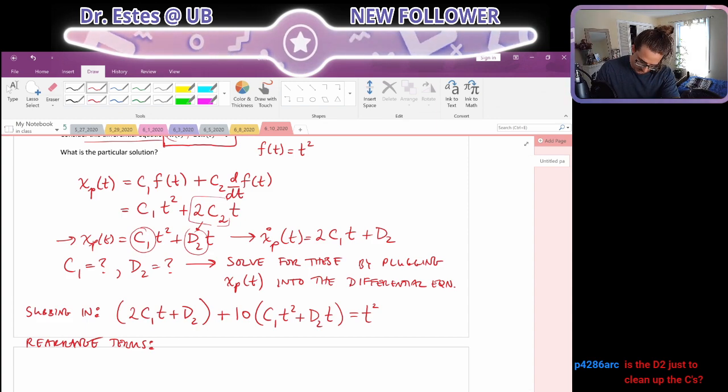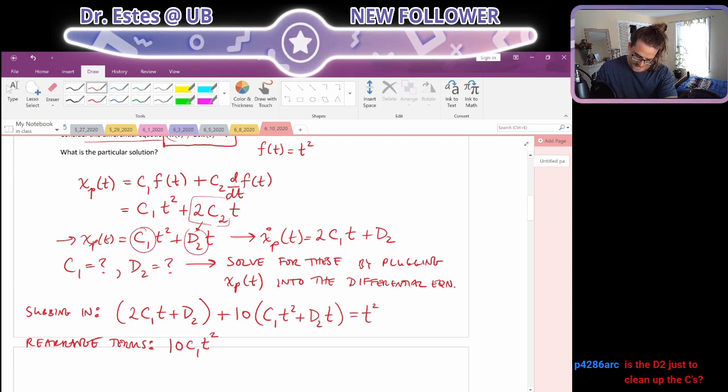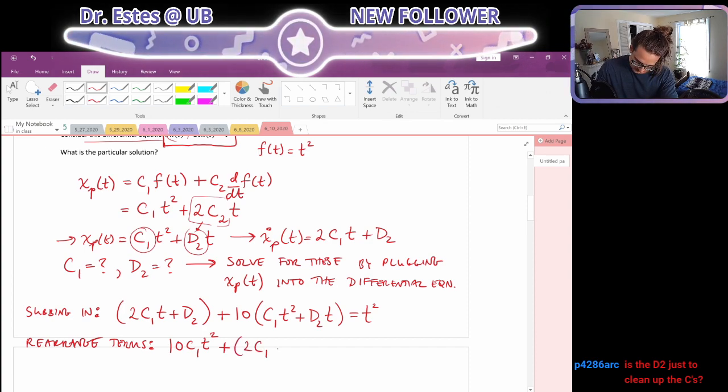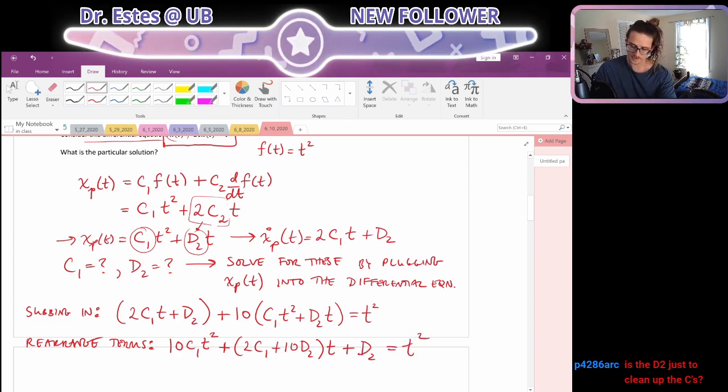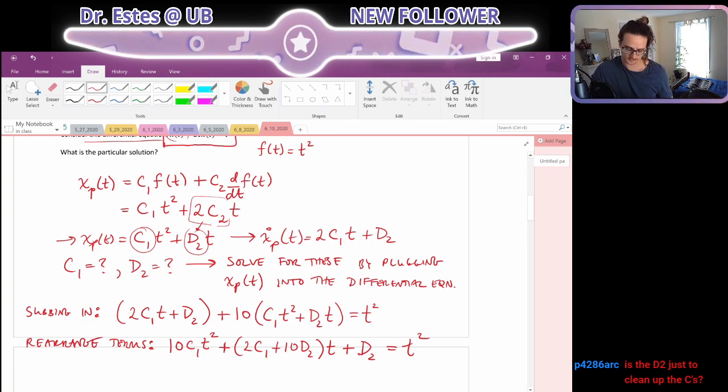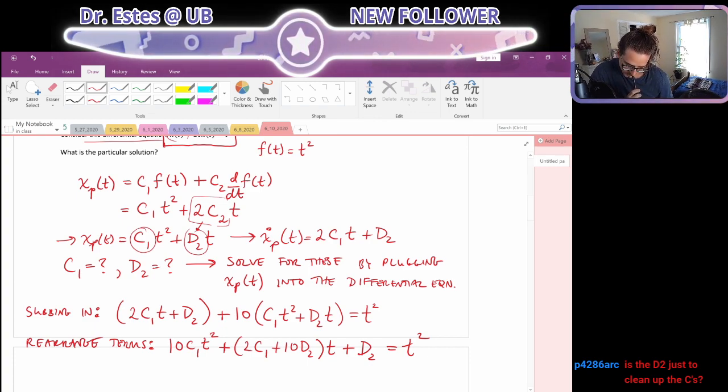Okay. So I'm going to get my t squared terms, my t terms, and then any other terms. Okay, t squared, t, and then we're just left with D2. And that's all equal to t squared. I'm just double checking my work here. Let's do C1, 10 D2. Okay.